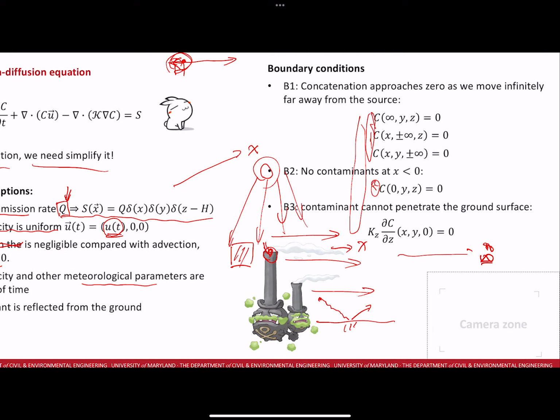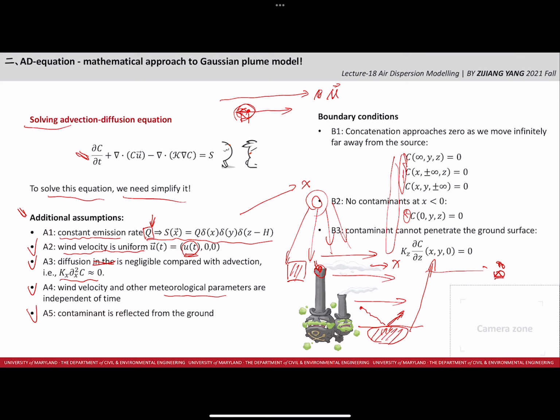And because we assume the pollutants will be reflected from the ground, in other words, under the ground, the concentration of the pollutant should be 0, and it can be described by this equation. You just need to briefly know we have this assumption.